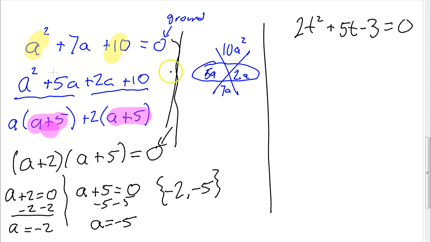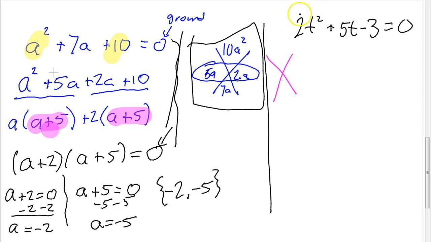All right. So do the exact same steps. Don't change anything. So we look at this. Is there a GCF? Nope. Nothing goes into 2, 5, and 3. So multiply these together. We'll get negative 6. Down the bottom, we'll get 5t.